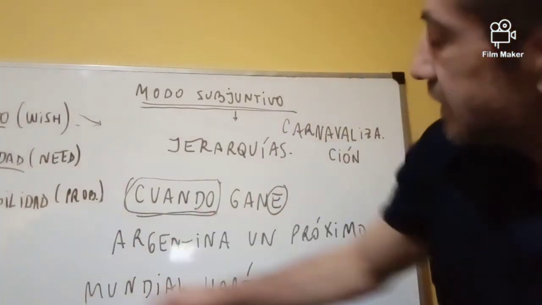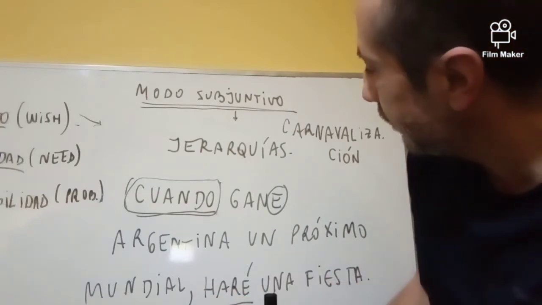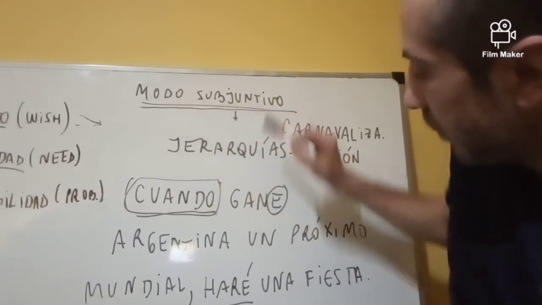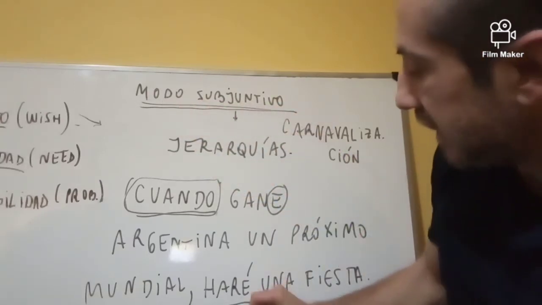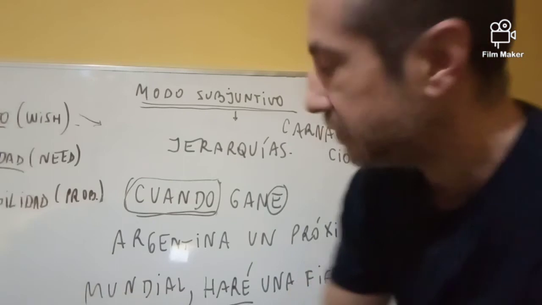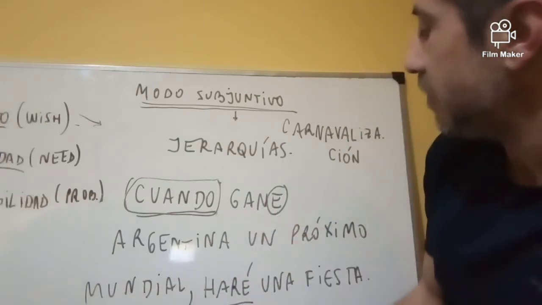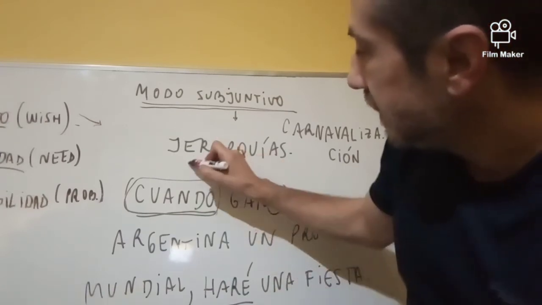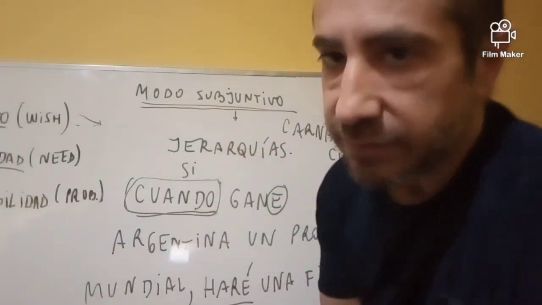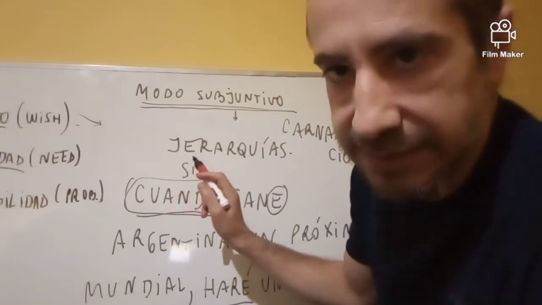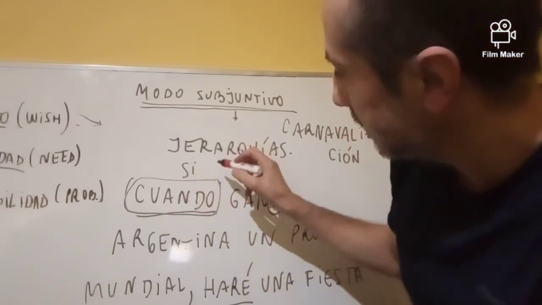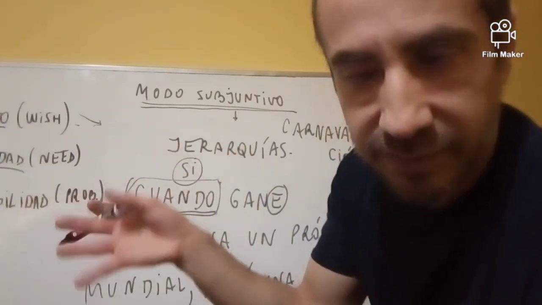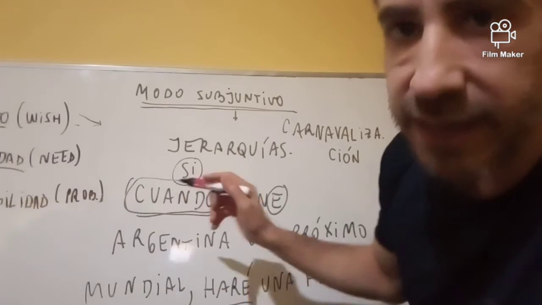So this example can be made with this in the modo subjuntivo and this in indicativo, or if we say si gana Argentina un próximo mundial, haré una fiesta. If the sentence starts with si, the conditional si, then we are going to see conditionals in Spanish.